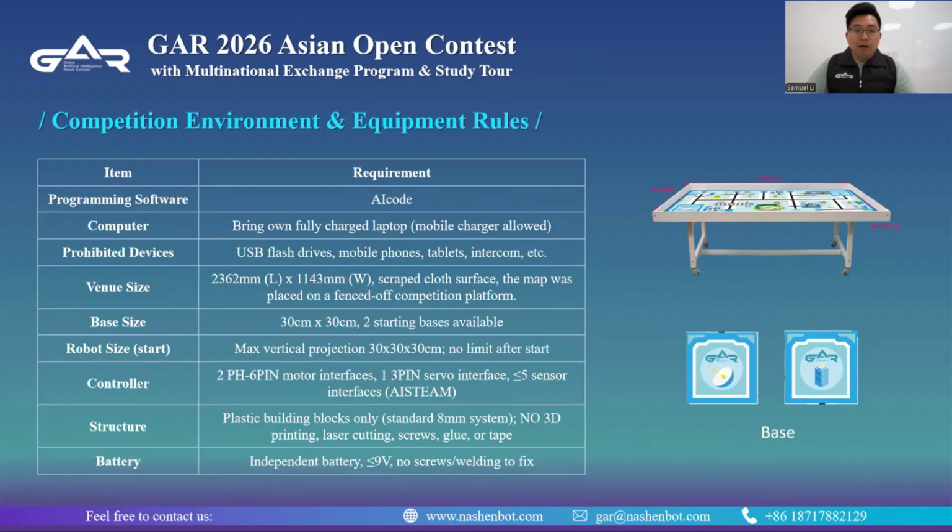The competition environment and equipment rules. First, on the right side you can see a map. During the Asia Open contest, we will prepare a table field with a wall to hold the map. You can see the real field looks like this.